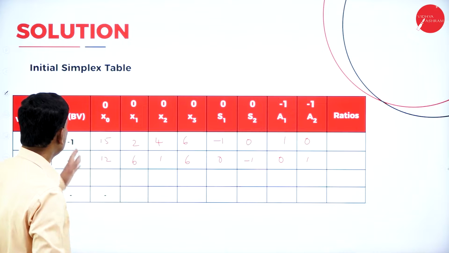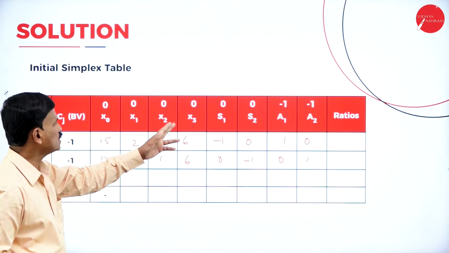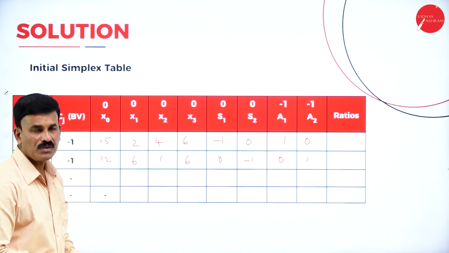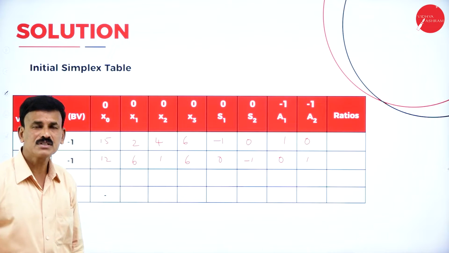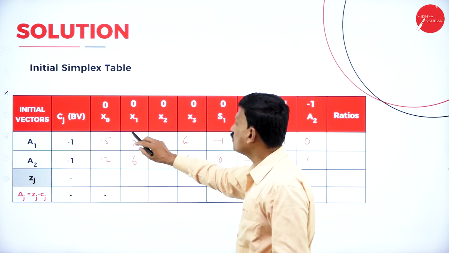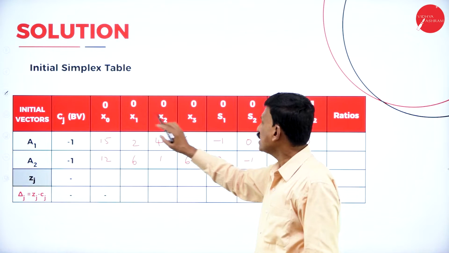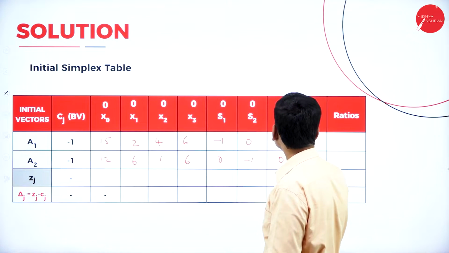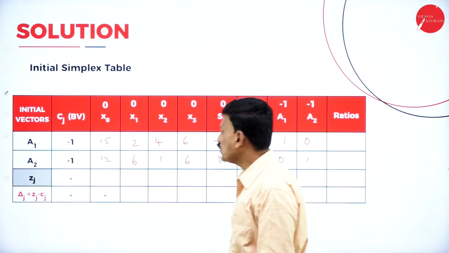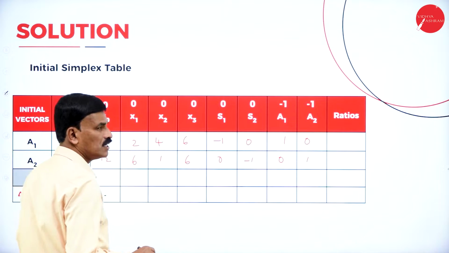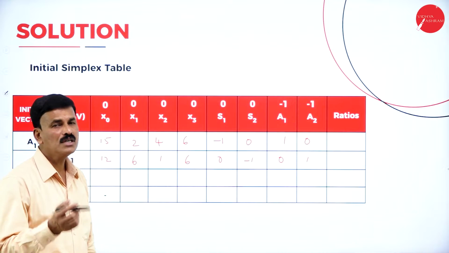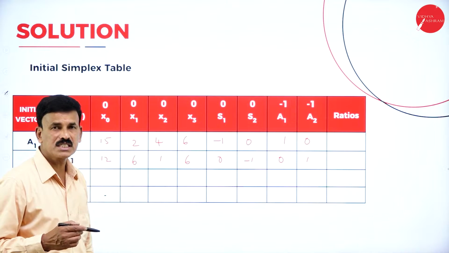Just substitute the values of x0, x1, x2, x3, s1, s2, a1, a2 from the previous objective function and the constraints. All the objective function coefficients except a1 and a2, which are -1, are 0. Now let us find the value of zj as per the usual procedure. The remaining procedure is the same as in the previous problems.